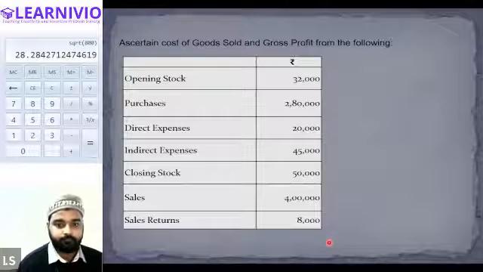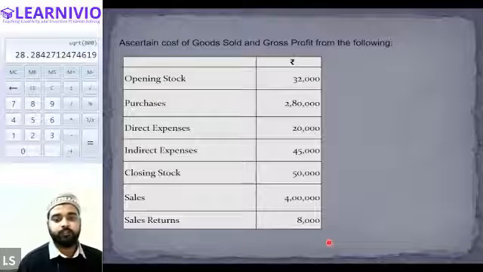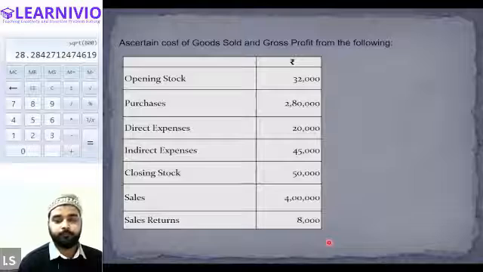Sir, sales return will be subtracted from the sales amount, isn't it? Yeah, we have to take the net sales. So sales minus sales returns.